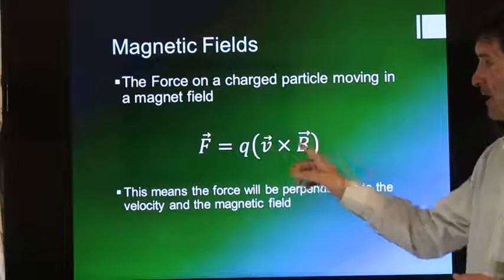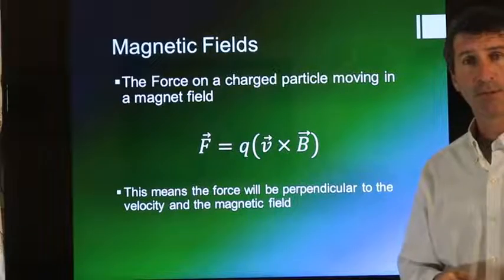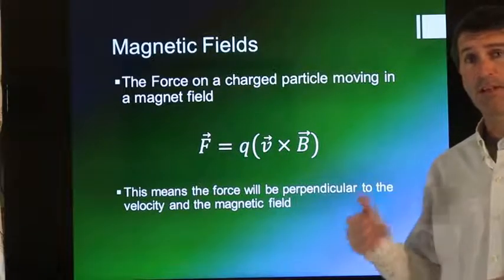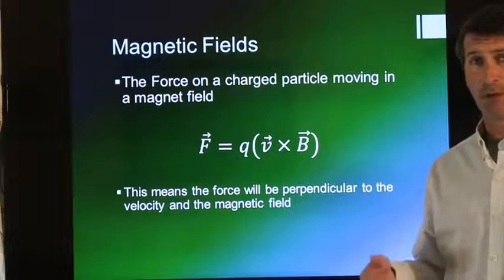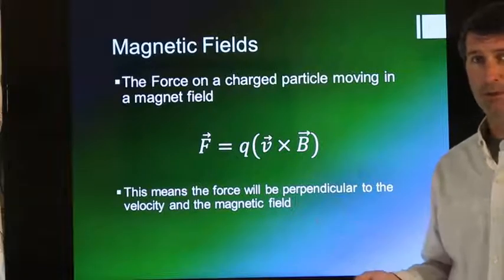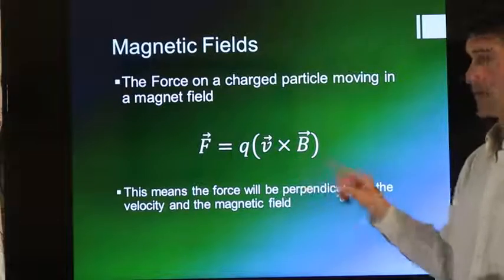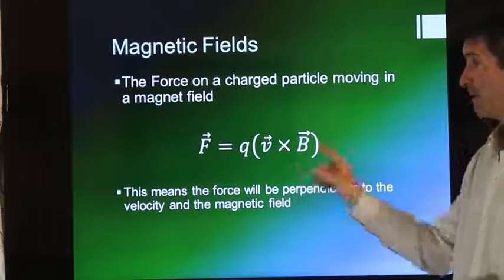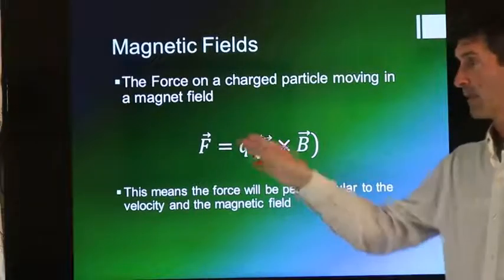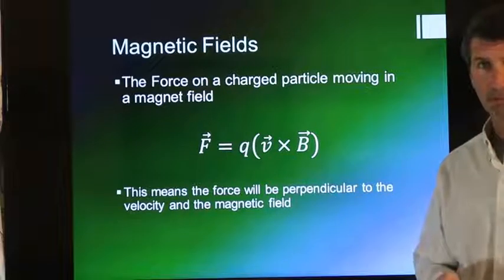So if V and B are both in the same direction, theta is 0, and the sine of 0 is 0, there's no force. How do you maximize the force? Make these two vectors perpendicular, make these two vectors as large as possible, and the force will become maximized.